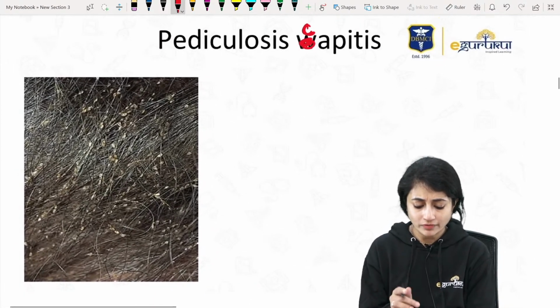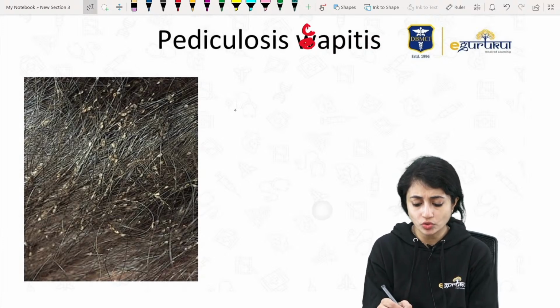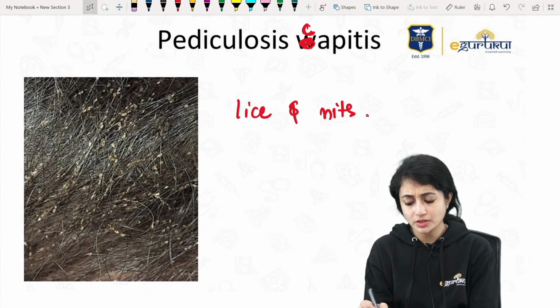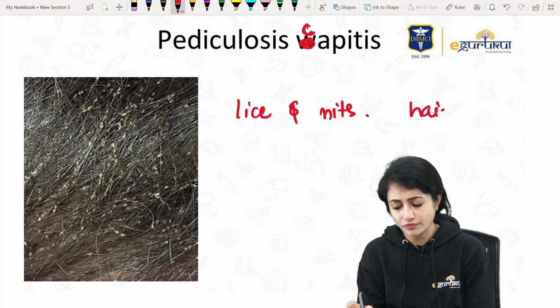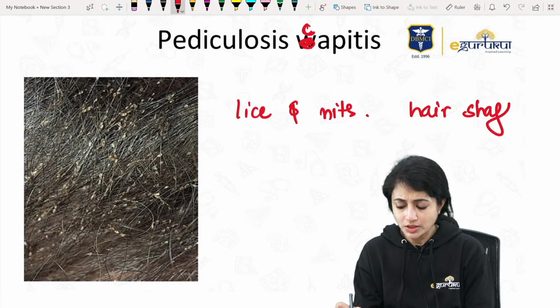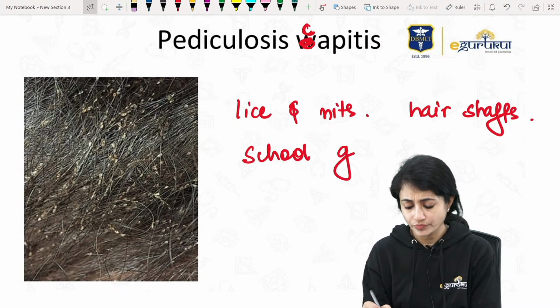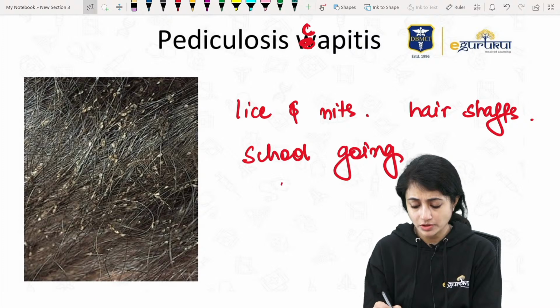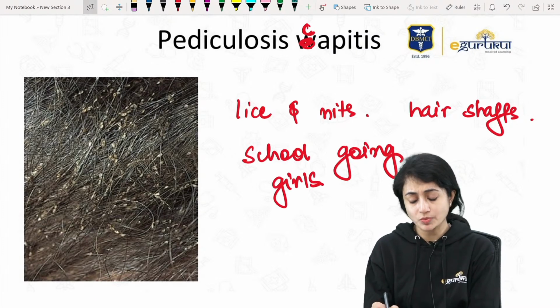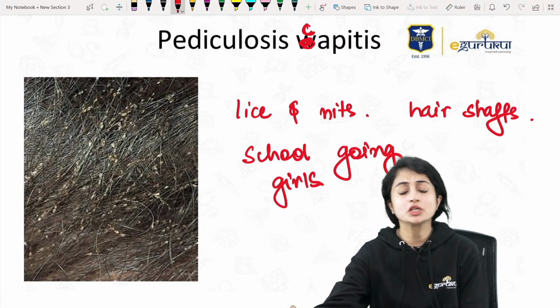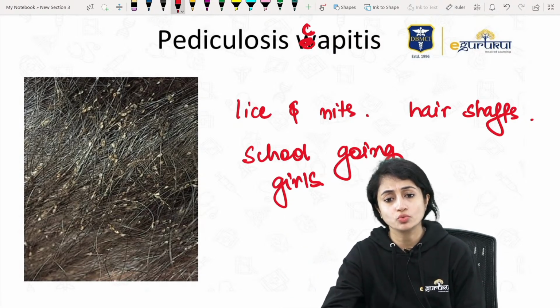We have lice and nits present on the hair shafts. Where do I see them most commonly? In school-going girls, especially ones with long hair, because it gets transmitted from one person to another.